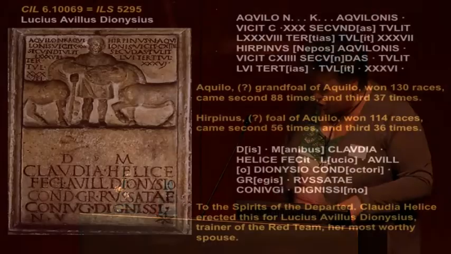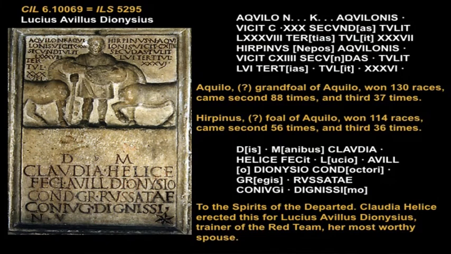This detailed knowledge and interest in the horses, their origins and therefore their lineage, is clearly important, and of course can be paralleled today in the seemingly endless detailed information on sires and dams that are rehearsed before a horse race. Familiarity and concern with this kind of detail, the form of the horses, can be further demonstrated on this tombstone from Rome of Lucius Avius Dionysius, who was a trainer for the Red faction.